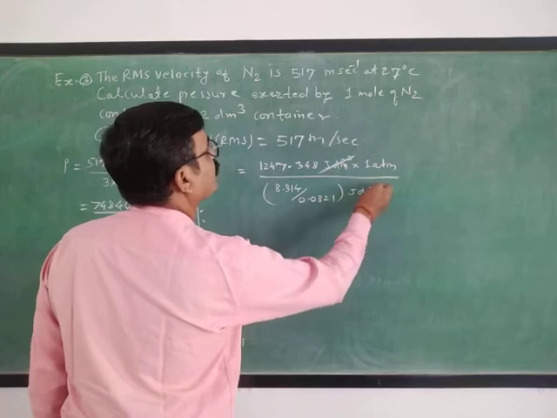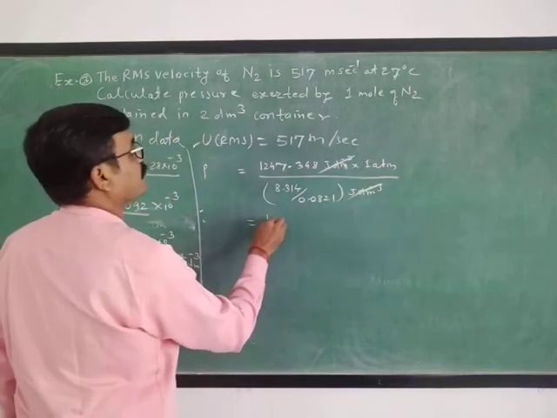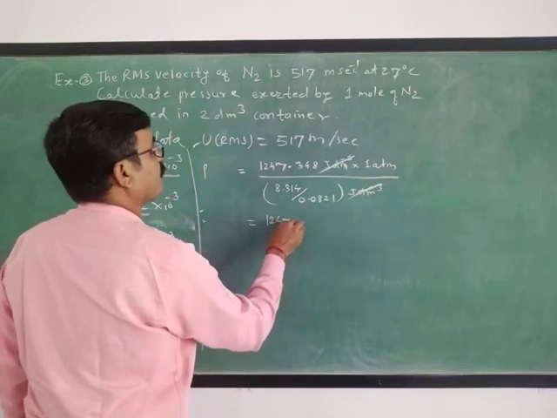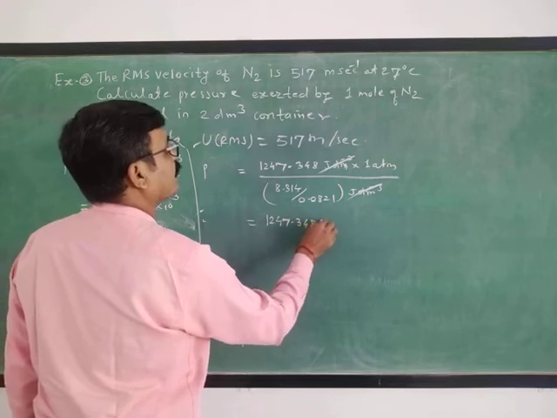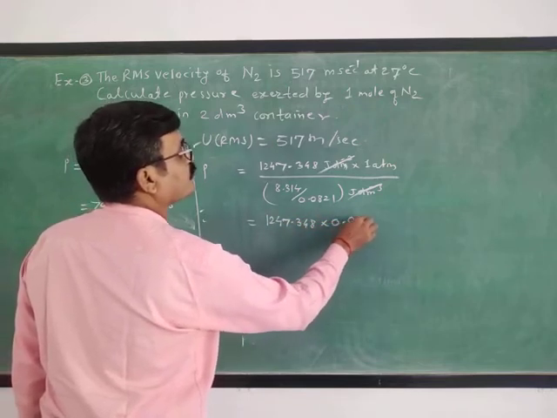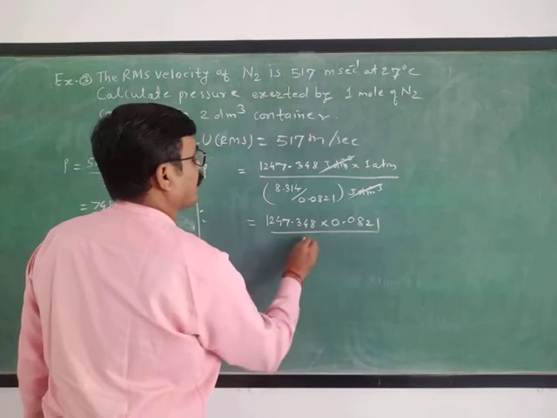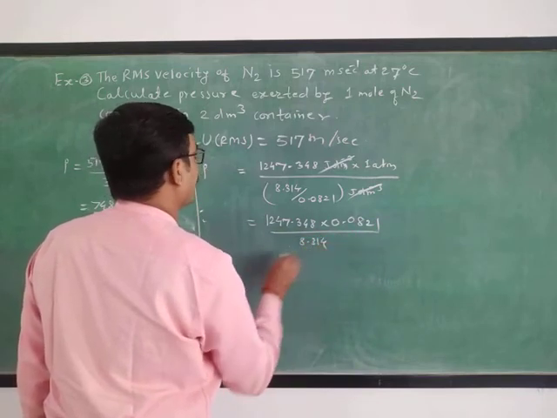Then dm cube cancels, and the answer becomes 1247.348 multiplied by 0.0821 upon 8.314.